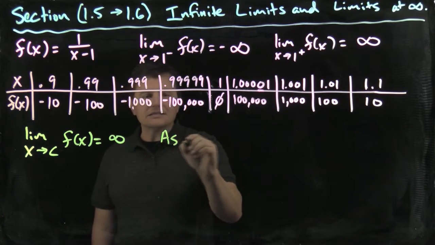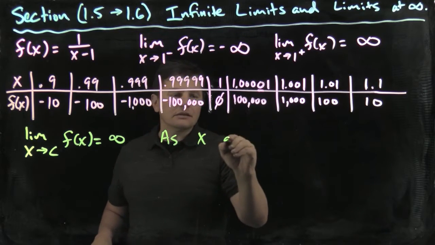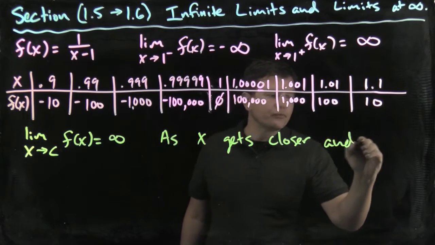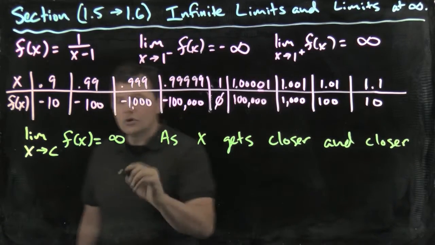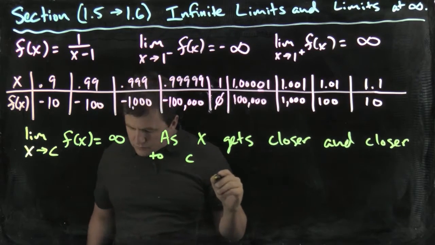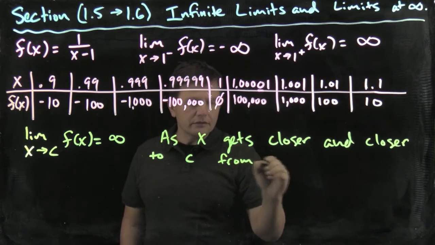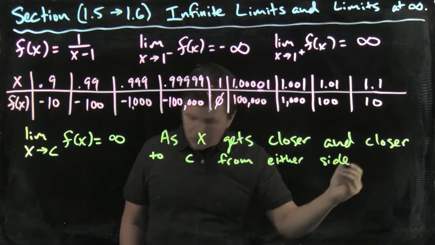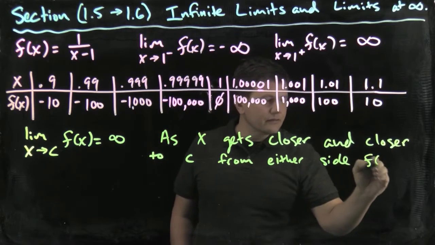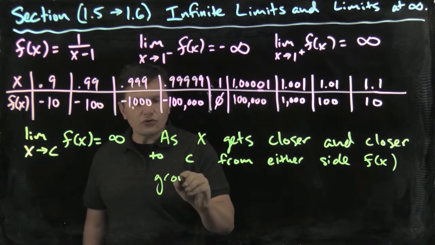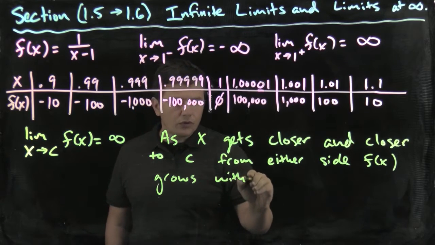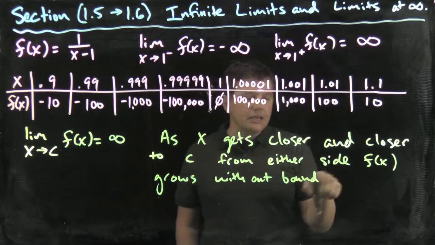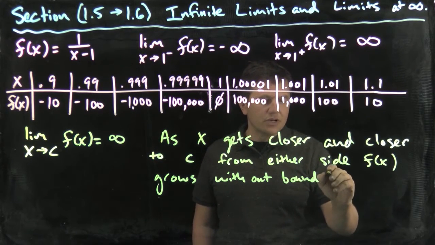What this means is as x gets closer and closer to c from either side, so here we're doing left and right limits, f of x grows without bound, either in the negative or positive direction.